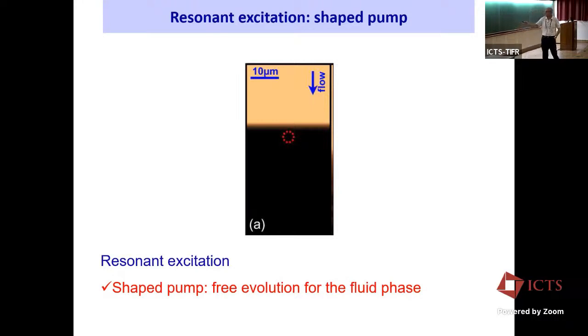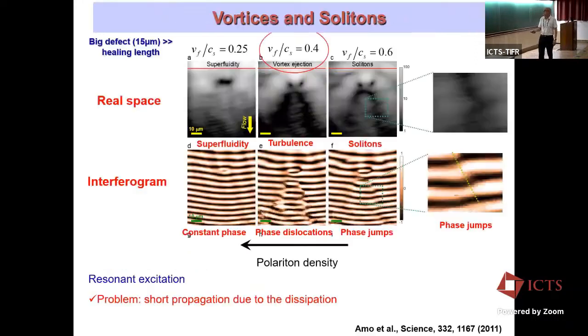In this case, without pumping this region, the phase of the fluid, which is flowing in this region, is free, and then we can observe the nucleation of defects. But of course, here we don't refill our fluid with fresh pump, and then the density of polaritons decreases, and then the propagation is limited. This is the main problem of this technique.